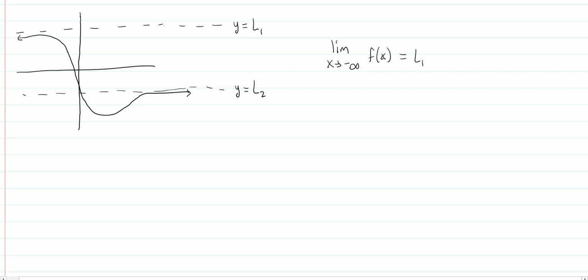because as x moves further and further to the left, this function moves closer and closer to the y value of L1. And similarly, we could say that the limit as x approaches infinity of this function would be L2, because as x moves further and further to the right, the function is approaching the y value of L2.